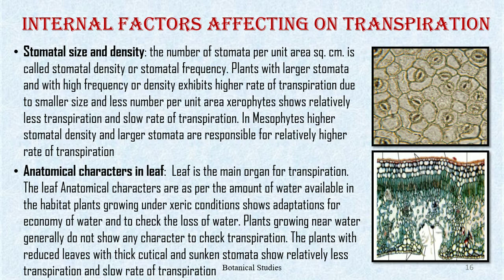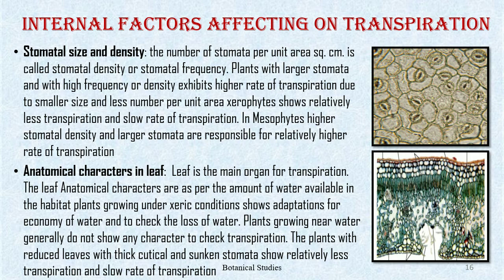Due to smaller size and fewer number per unit area, xerophytes show relatively less transpiration and a slow rate of transpiration. In mesophytes, higher stomatal density and larger stomata are responsible for a relatively higher rate of transpiration.